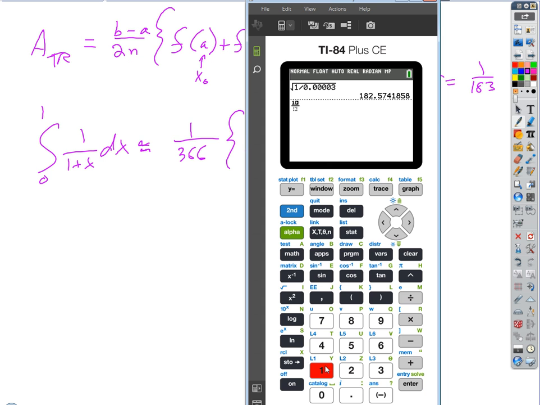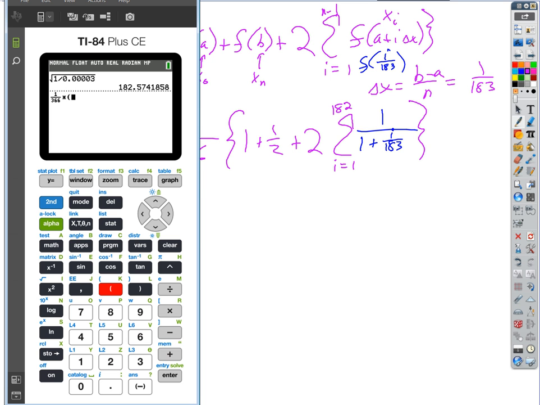So we got 1 over 366 times the quantity 1 plus 1.5, plus 2 times the sum of, well, our index variable is x, goes from 1 to 182, of 1 divided by 1 plus, fraction within a fraction.